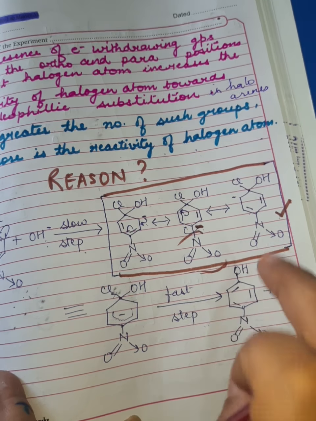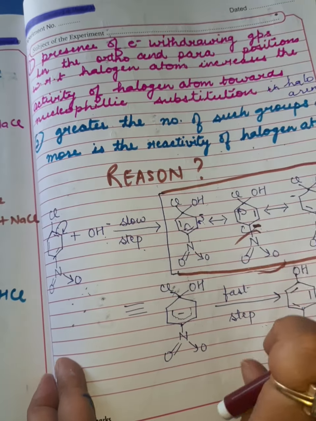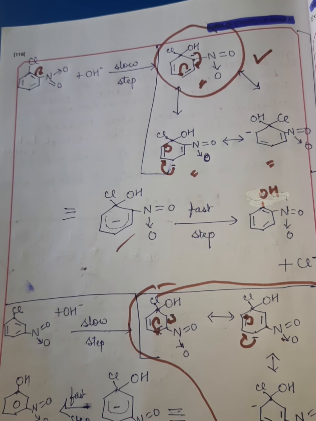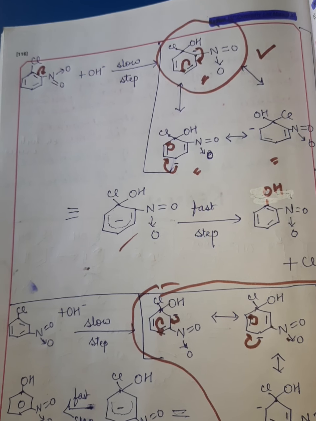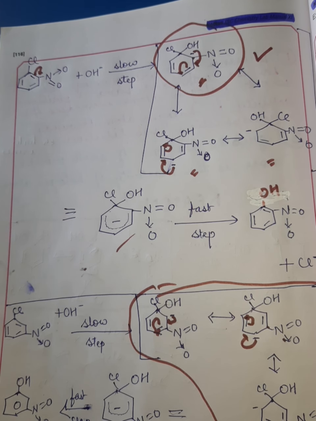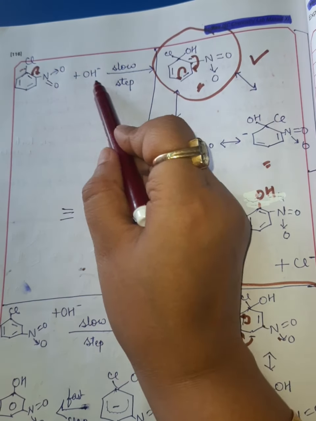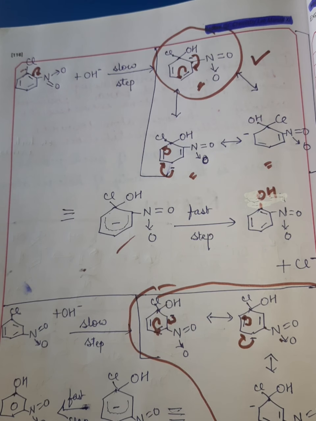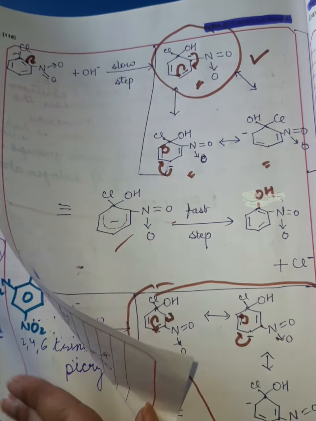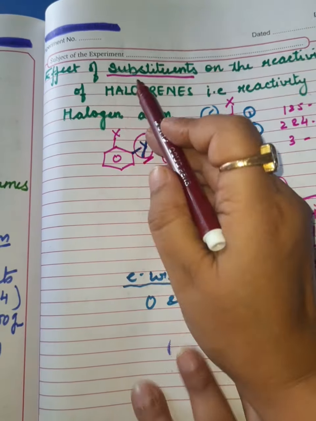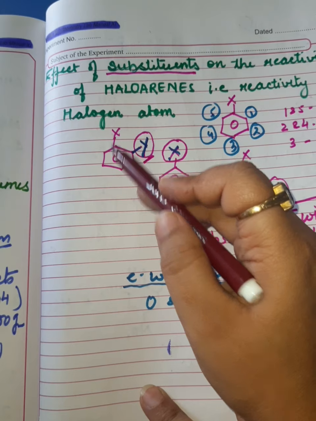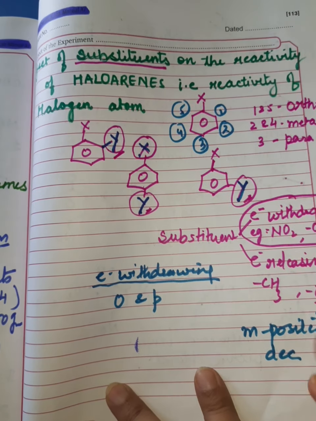As a result, the carbanion in case of ortho and para haloarenes undergoing nucleophilic substitution gets extra resonance stabilization, which causes the increase in the reactivity of this chlorine towards the nucleophilic substitution. So this was the entire logic of how the presence of substituents affects the reactivity of halogen for the nucleophilic substitution reaction.